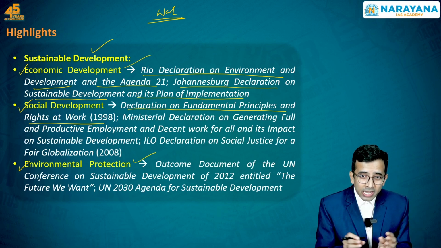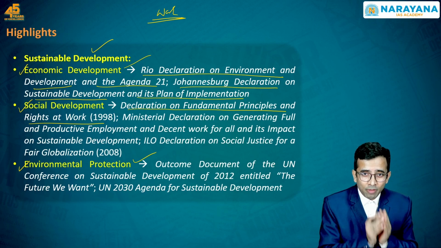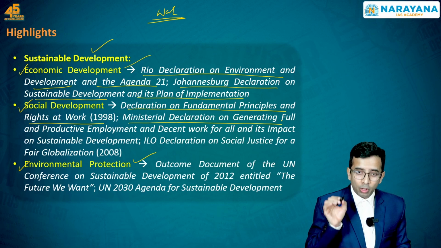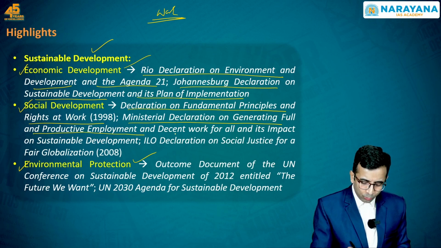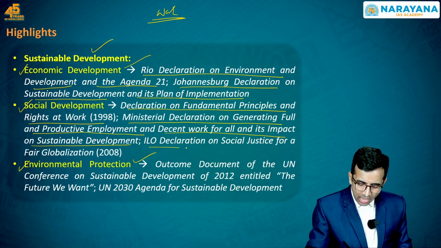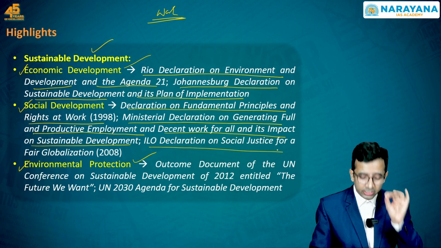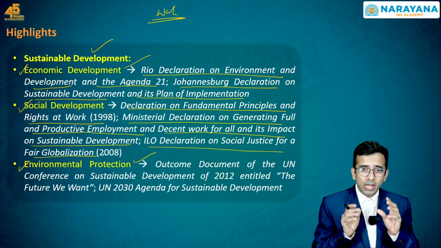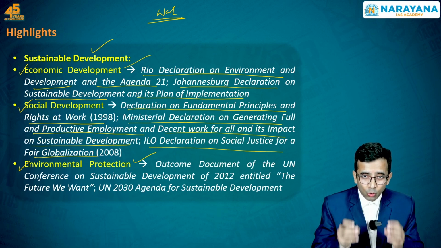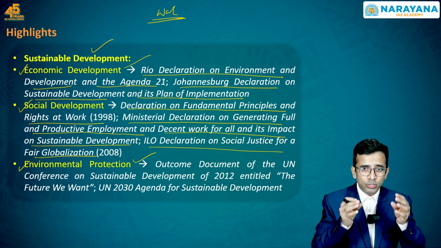So this is being seen as a prerequisite for sustainable development. Then you have the Ministerial Declaration on Generating Full and Productive Employment and Decent Work for All and its impact on sustainable development as another framework. Then the ILO Declaration on Social Justice for a Fair Globalization, by which we are accepting that globalization did not lead to the much required goal of social justice.